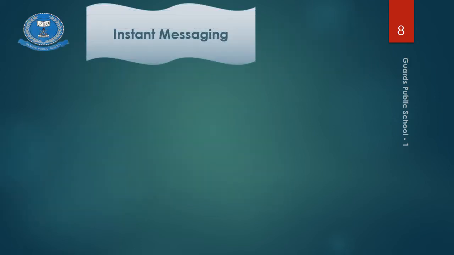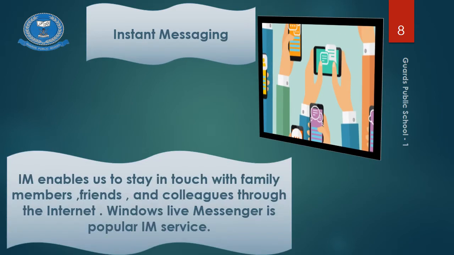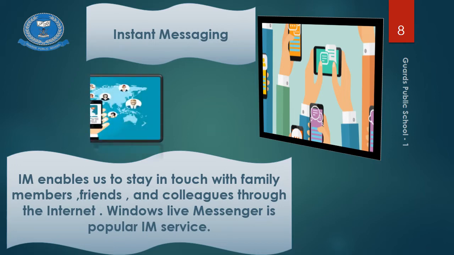Instant messaging. IM enables us to stay in touch with family members, friends, and colleagues through the internet. Windows Live Messenger is a popular IM service. What is IM? Instant messaging.